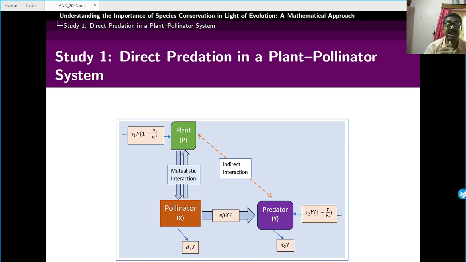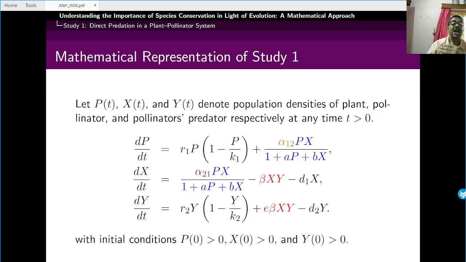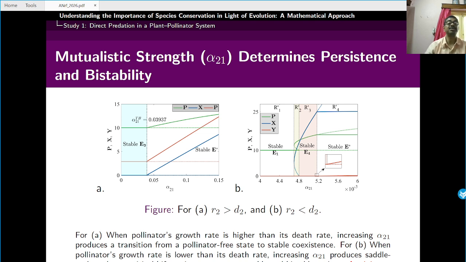This is study 1. This is the schematic diagram of the plant-pollinator system, with a mutualistic interaction between plant and pollinator. This is the mathematical model, with mutualistic strengths alpha 12 and alpha 21, and beta is the predation rate. This is the effect of mutualistic strength.